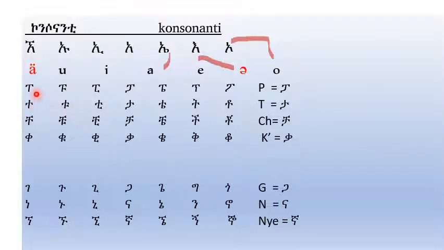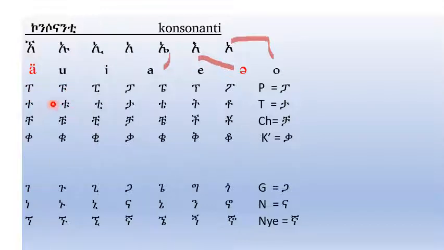So don't say that you are going to study all of them separately. No. You study the vowels and the consonants. Anybody who studied this can write like Swahili. You don't multiply all the vowels and the consonants and get this many. No. We combine. So this is P, Pu, you put that sign here.